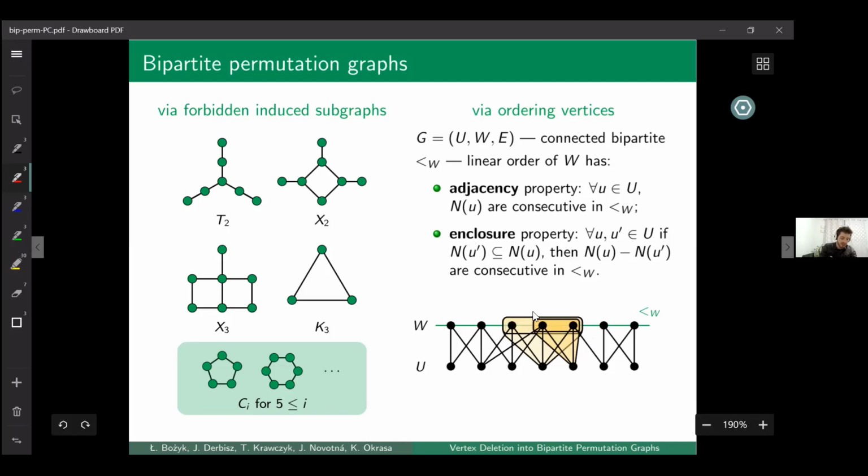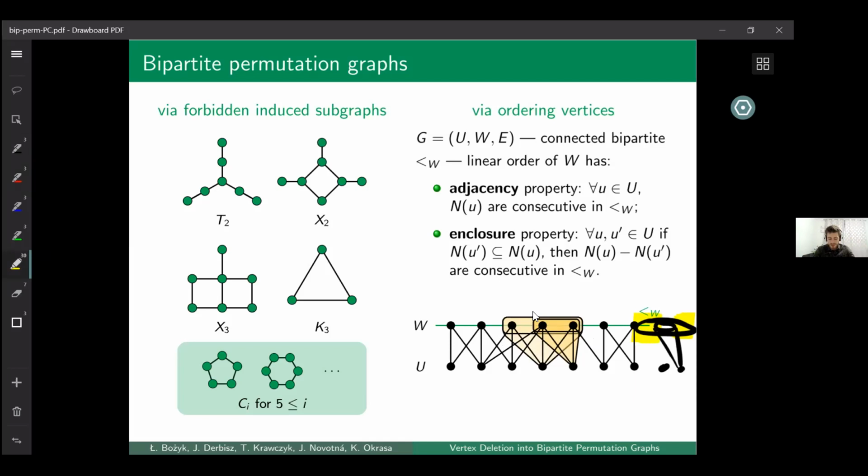So we cannot have a situation like this. Let me draw one vertex whose neighborhood looks like this, and another vertex whose neighborhood is inside, leaving vertices on both sides of this ordering W, up to the very end of this interval defined by the larger neighborhood.